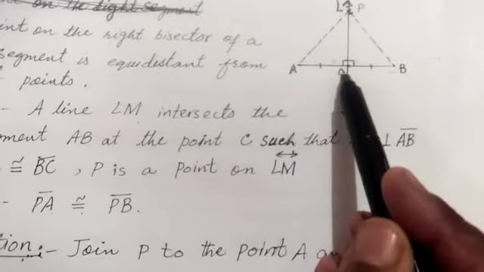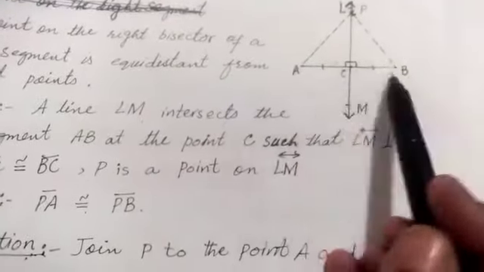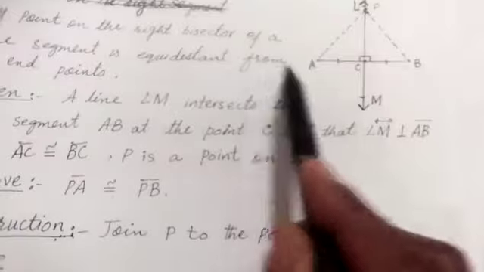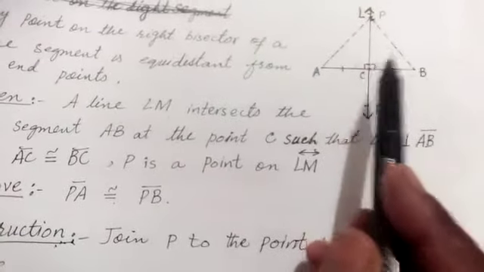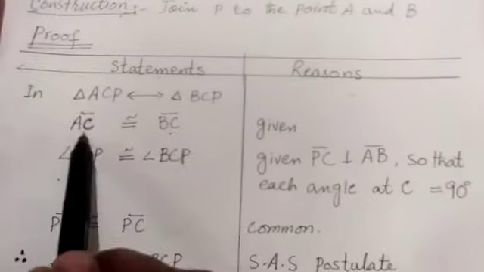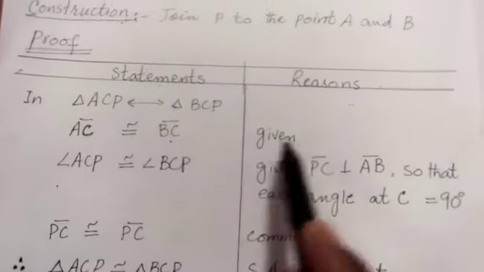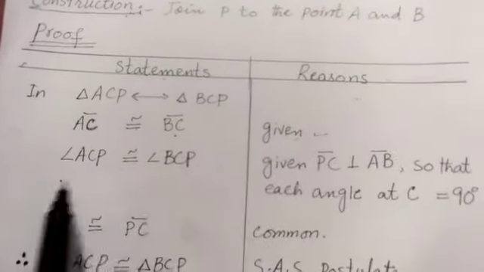A to C, C to B, both are equal to each other. They said this thing was given in the statement. So we write here AC is congruent to BC and the reason is given.